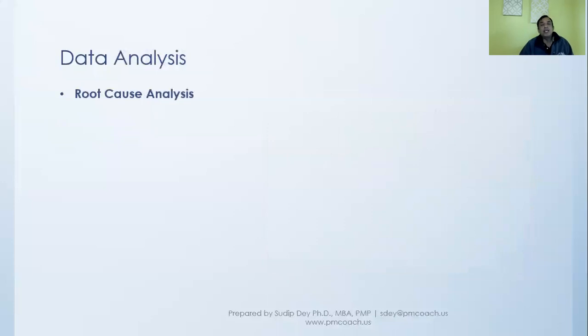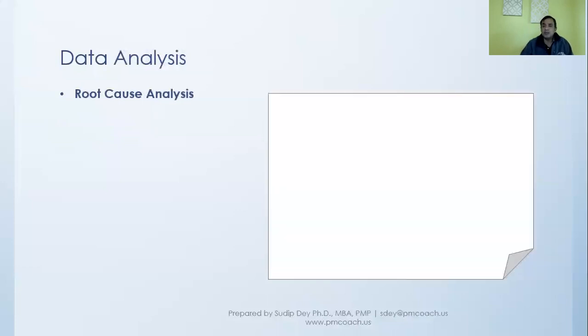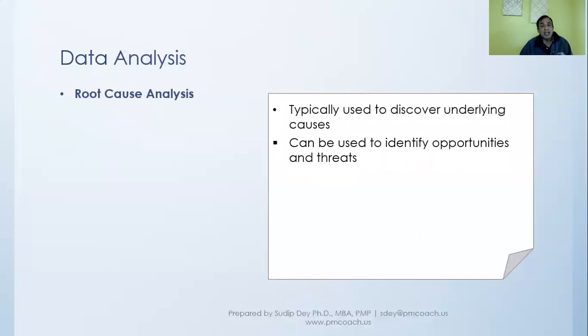Then again, we can look at identifying risk through data analysis, like root cause analysis. Now, we saw that root cause analysis was done for other things like errors or quality and so on, where we were trying to find the underlying cause for something that has happened. But here, it can also be used for opportunities and threats.